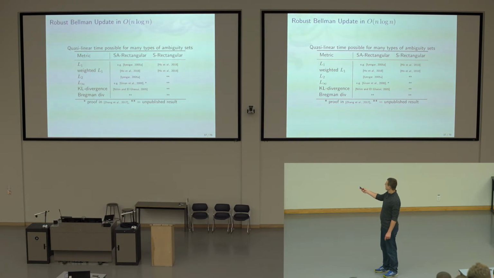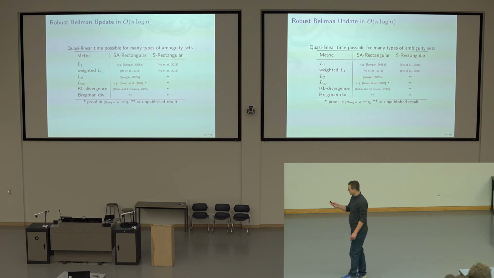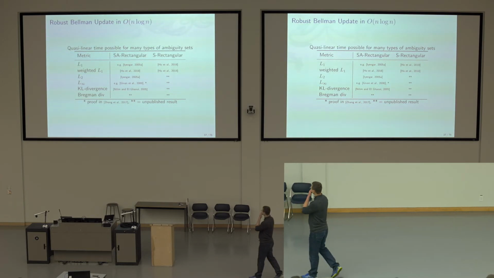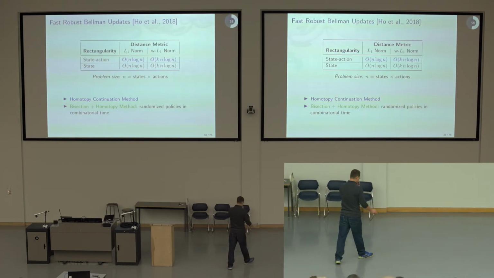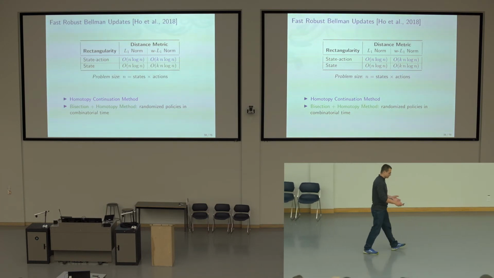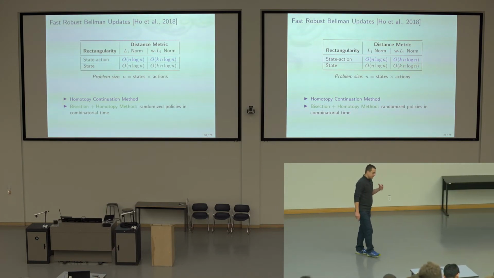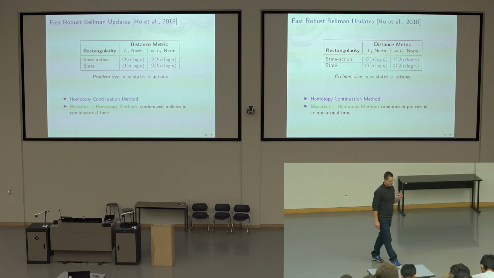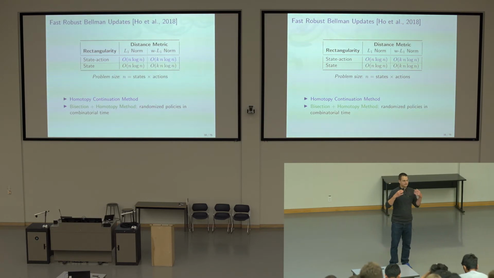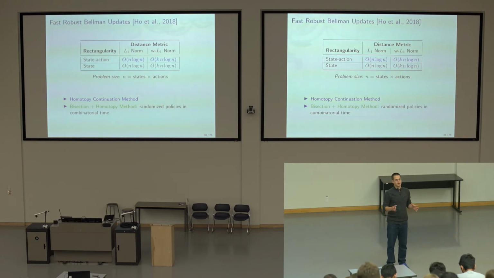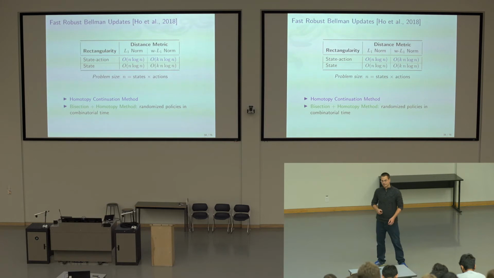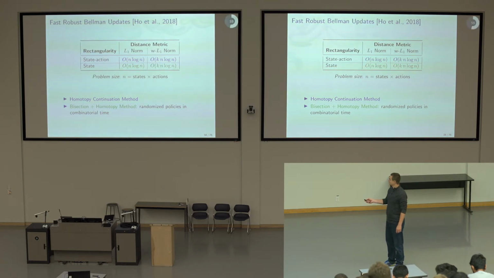And we actually have some unpublished results here, which we can also solve in n log n time. I unfortunately don't really have time to go into the details how you do this, but the basic idea is to take advantage of some simple hidden properties of these problems.